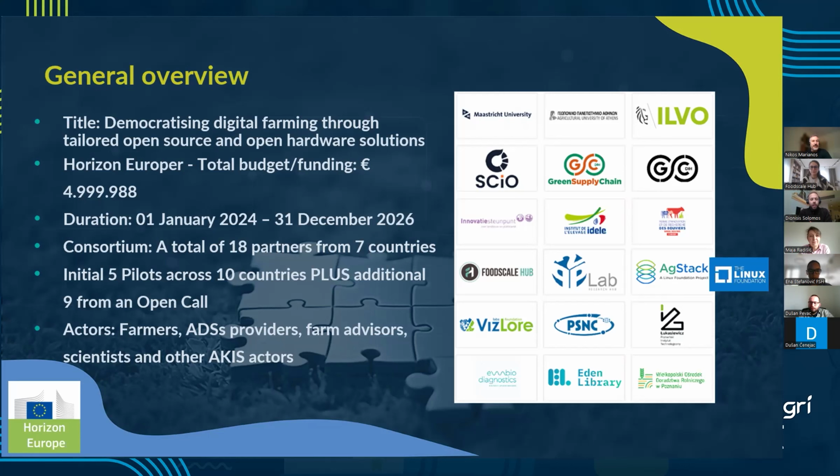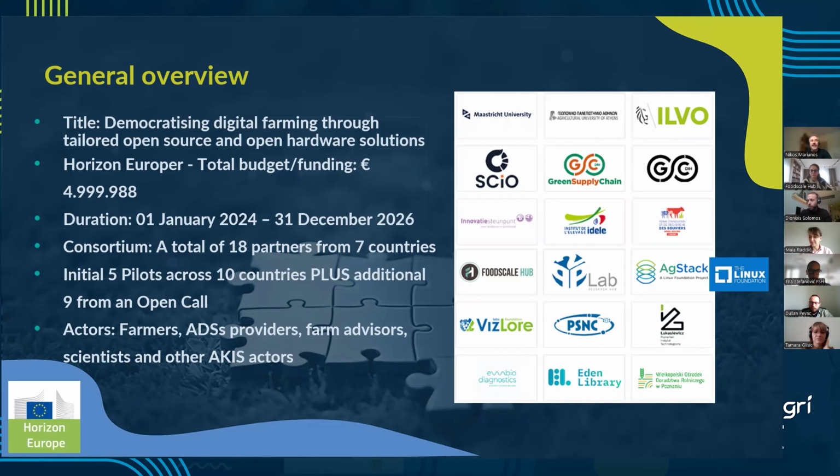And it's a multi-actor approach project, and it has 18 partners from 7 countries, representing farmers, farm advisors, agri-tech providers, universities, a wide variety of partners that need to work together. The coordinator is Maastricht University, and we have important partners.